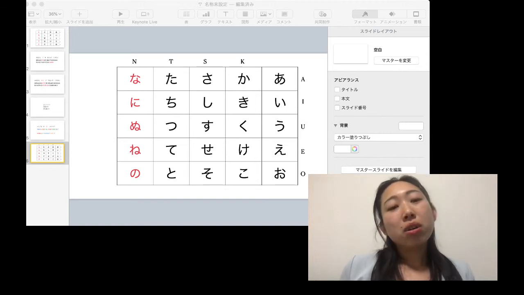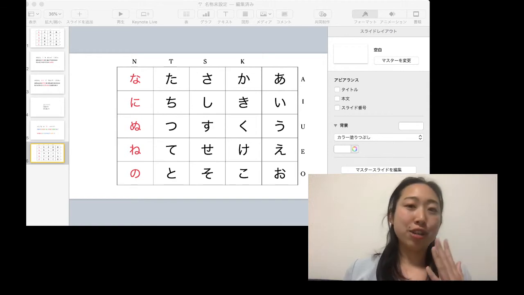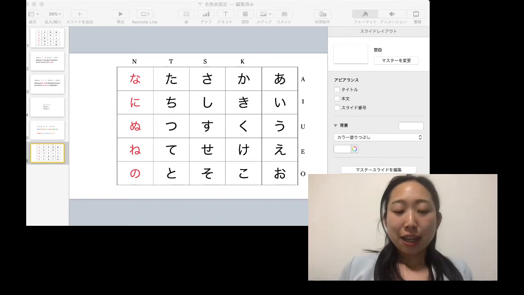So we already have about 5 times 5, 25 letters, so we can create a lot of words. But first, let's use na, ni, nu, ne, no to create words.